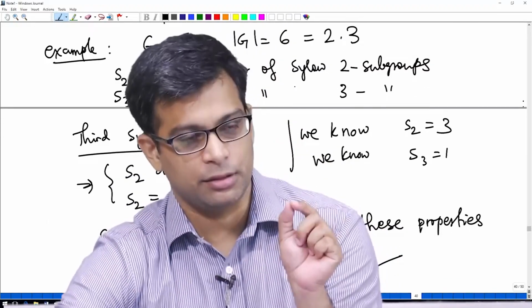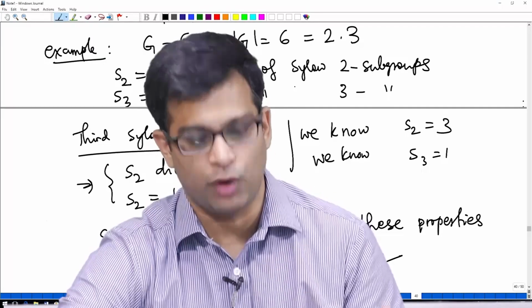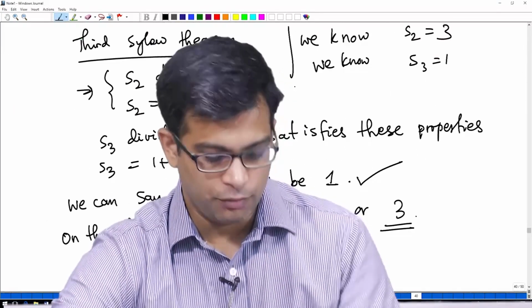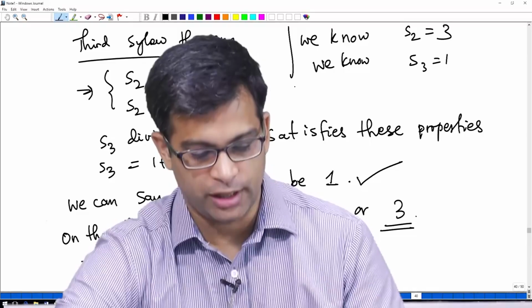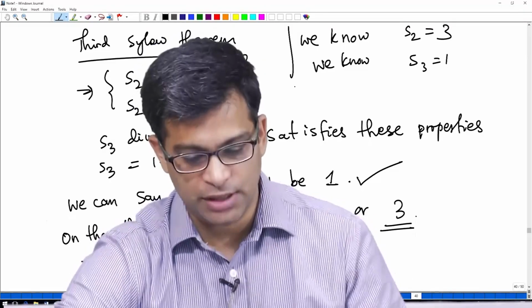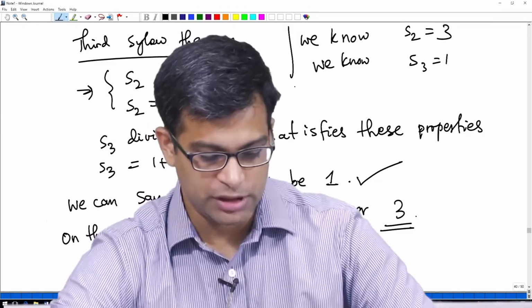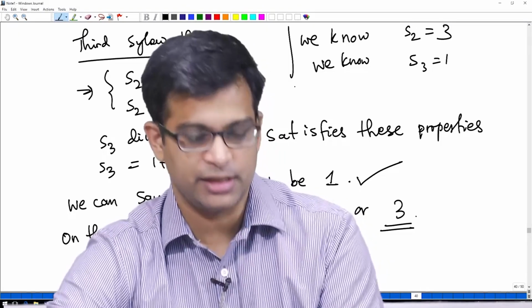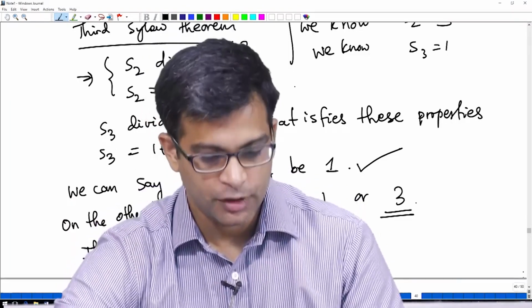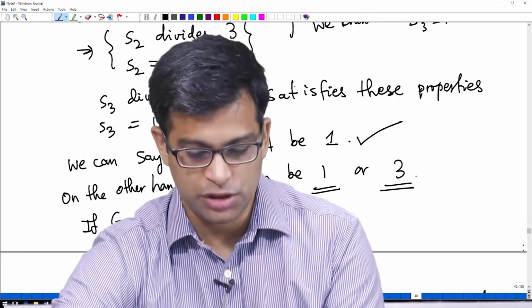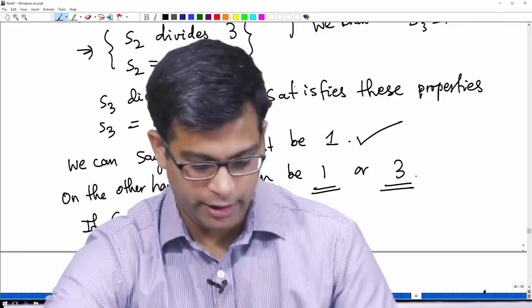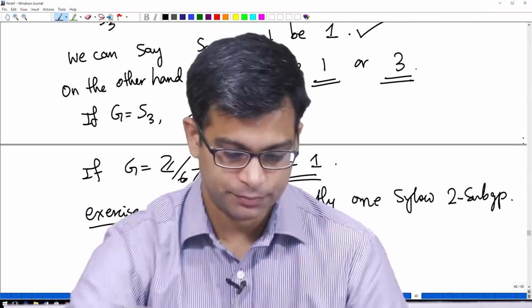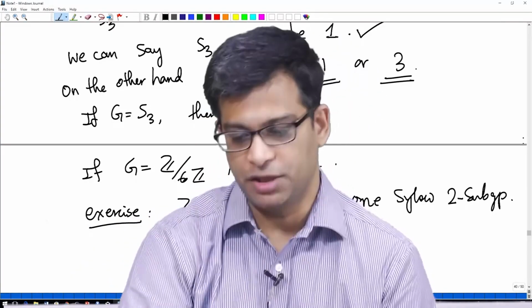Sometimes that range contains only one element, like in this case. If you have a group of order 6, we know that there must be only one Sylow 3 subgroup, because that number has to divide 2 and at the same time be of the form 1 plus 3a. On the other hand, when you look at Sylow 2 subgroups, they are either 1 or 3, and as you can see in these two examples, both options are achieved.